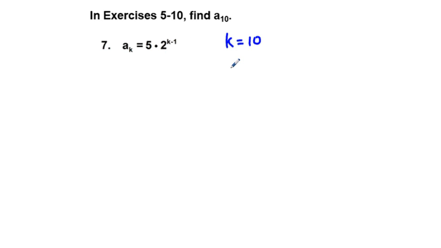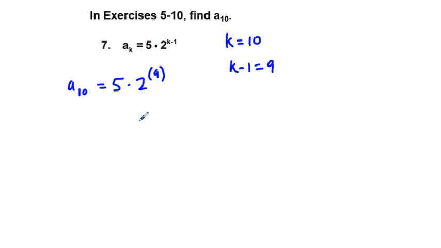Therefore, what is k minus 1? K minus 1 is going to be equal to 9. And so a sub 10 is equal to 5 times 2 to the power of 9.